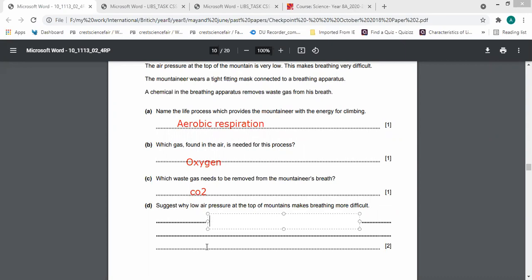So the answer, letter D, we can say air is low density, so it rises up. Oxygen has high density, so it falls down. So it's difficult to get more oxygen for breathing. Or we can say that as we go up, less oxygen is available.